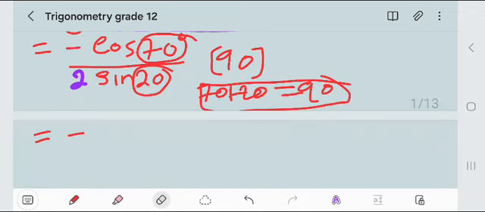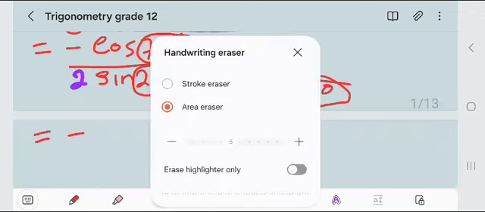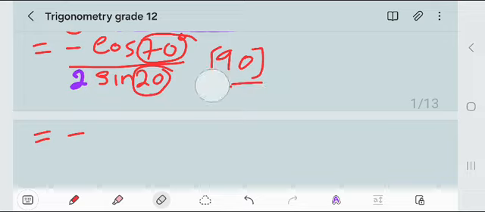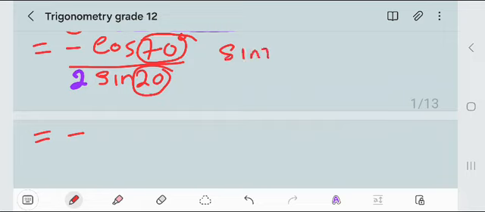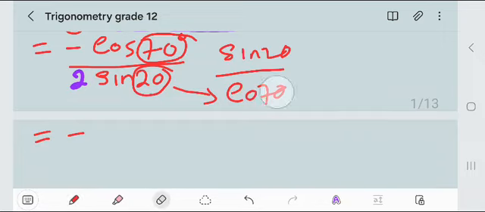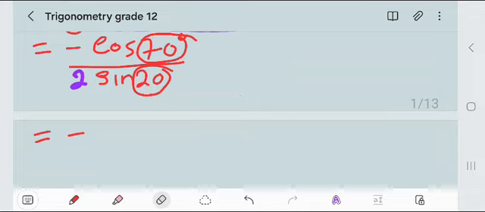You can change any that you want. You can either change the one on the top to become sine 20, or you can change the one on the bottom. You can change sine 20 to become cos 70. It's up to you, but you change one, not all of them, one at a time.